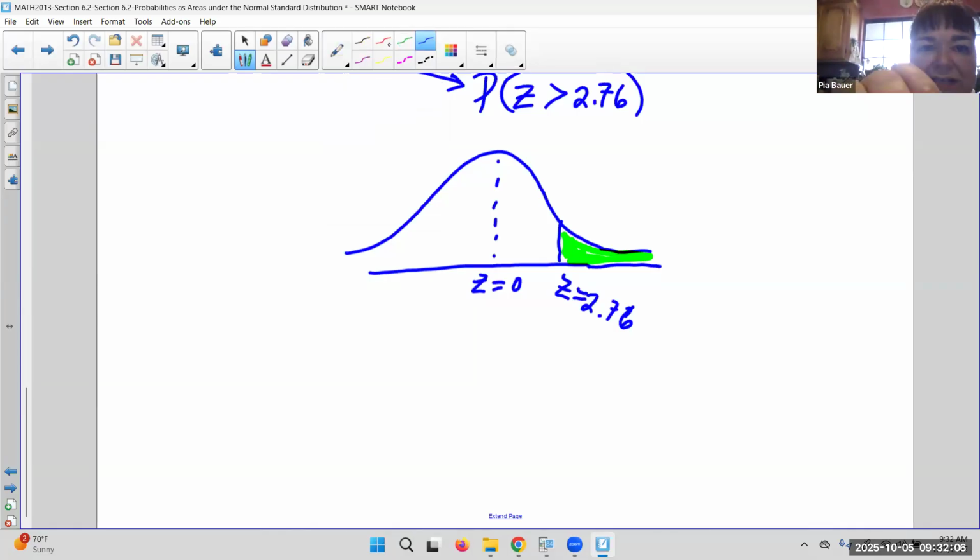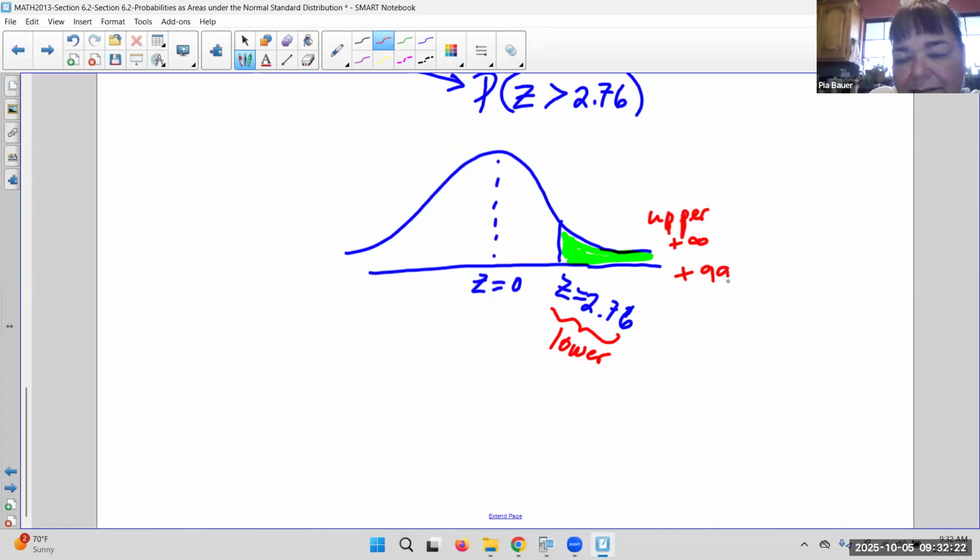So then this will be my lower limit. And my upper limit is actually positive infinity. And that's 99, 6 nines instead.